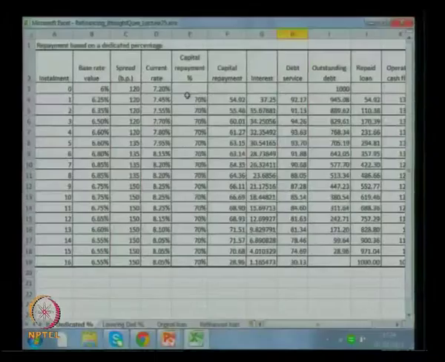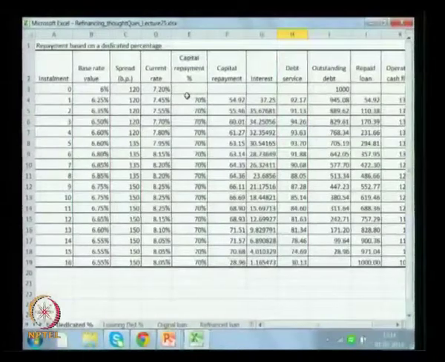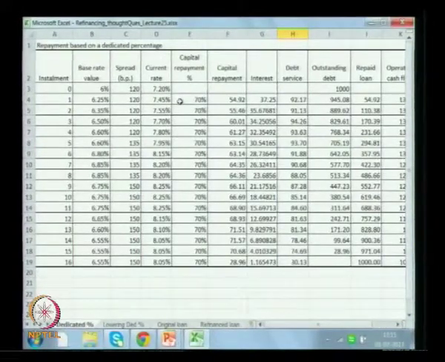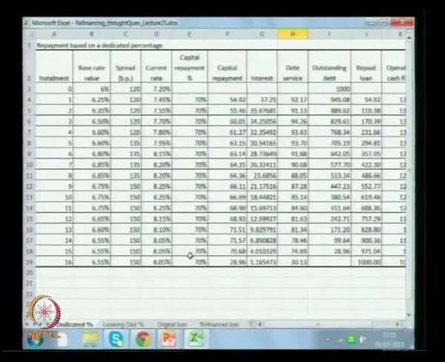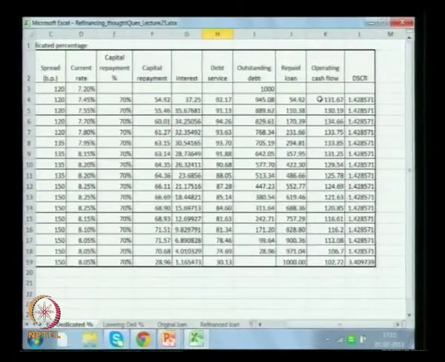When you have a constant capital repayment as a percentage, this method of repayment is called the dedicated percentage repayment method. That is, 70% capital repayment is made for each and every installment. This capital repayment percentage is a percentage of operating cash flows.